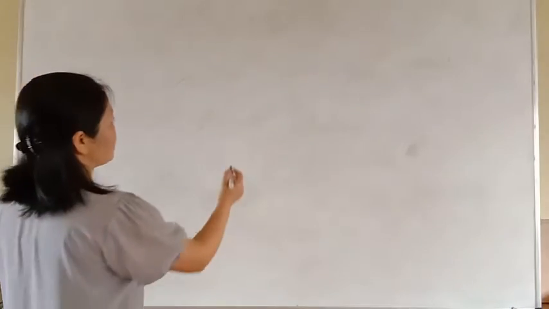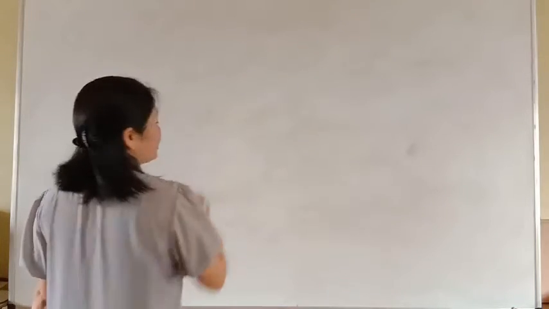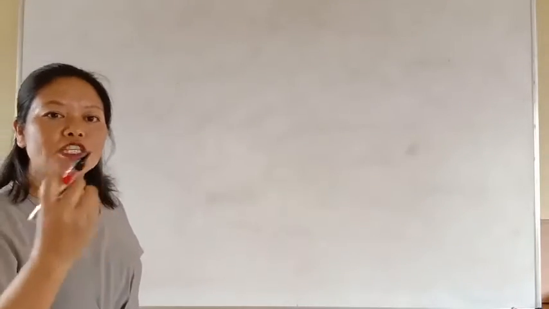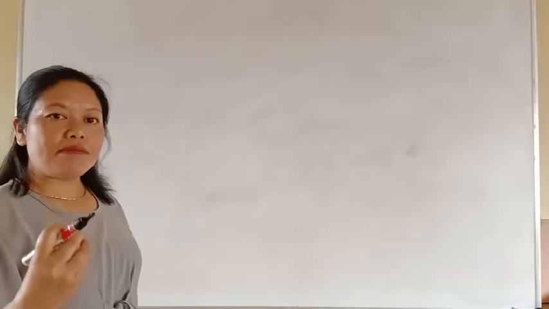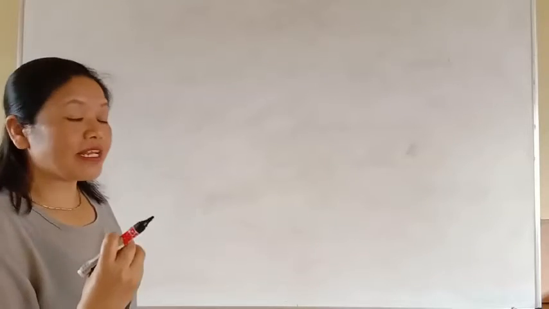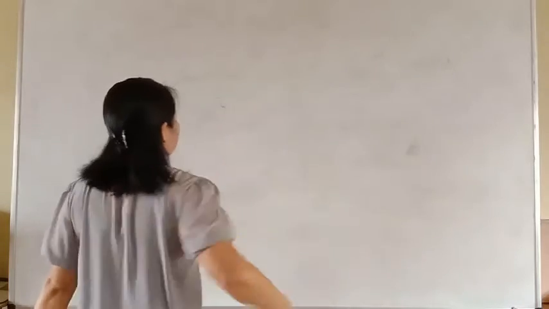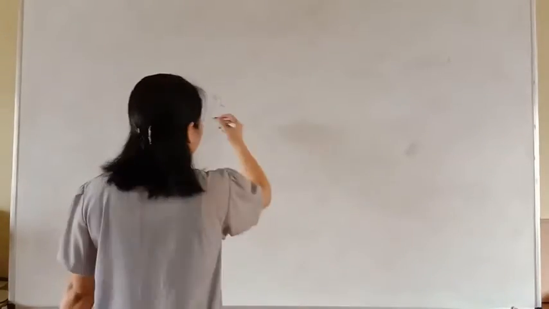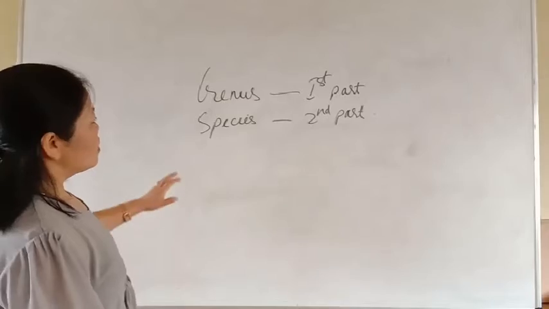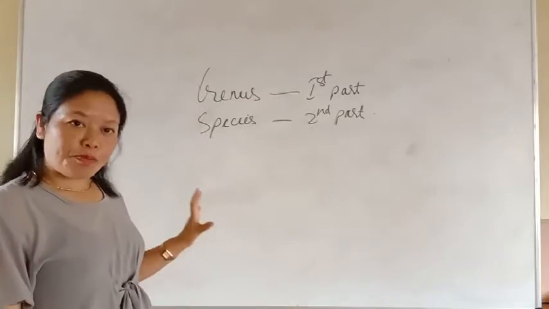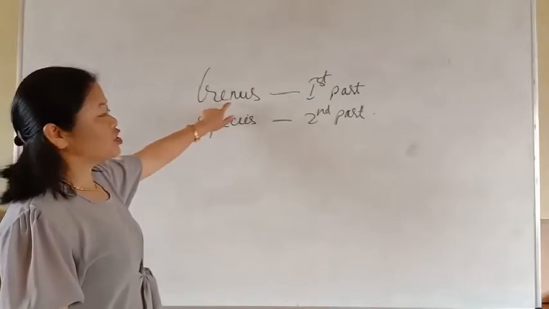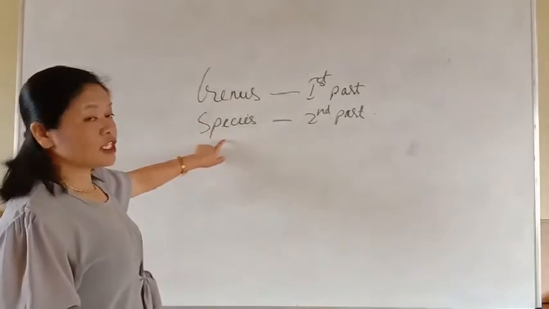So for example, under binomial nomenclature, as I said, each organism has one specific name, that is a scientific name, and the scientific name has two parts. The first part is genus and the second part is species.